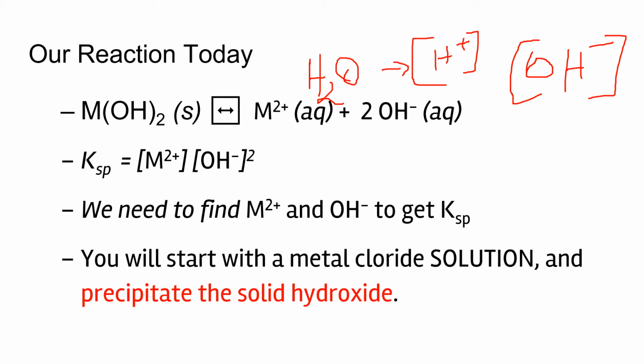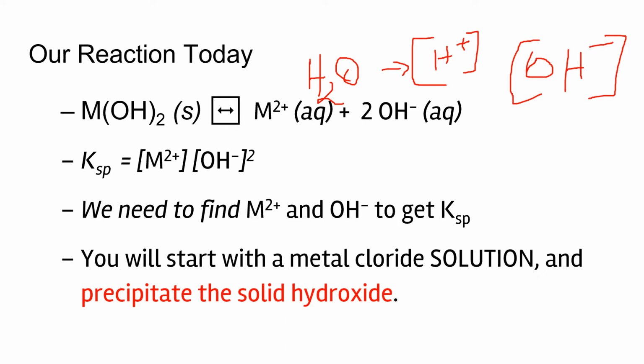With any concept of equilibrium, when we have an addition of the reactants, for example, we expect our equilibrium to shift, right? So for this metal hydroxide, if we add more hydroxide ions, then the equilibrium will shift, forming more of the metal hydroxide, and that's where the precipitation occurs.